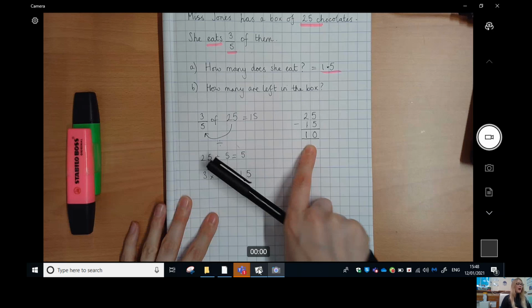Okay. So I know from the question that Miss Jones, me, ate 3/5 of them. I've got 1, 2, 3, 4, 5. So I know 3 of those fifths have been eaten.